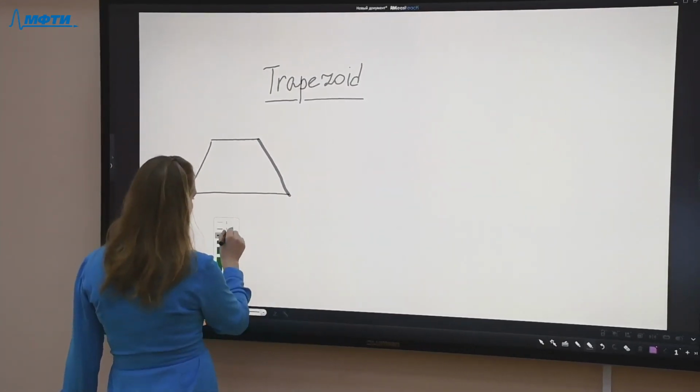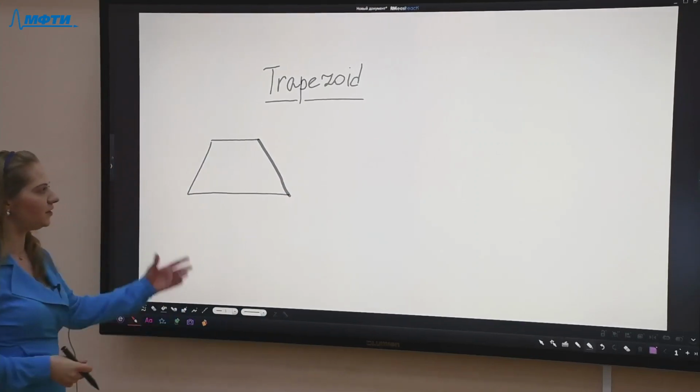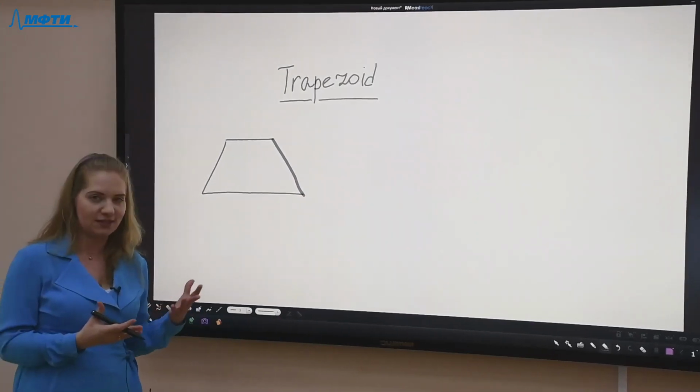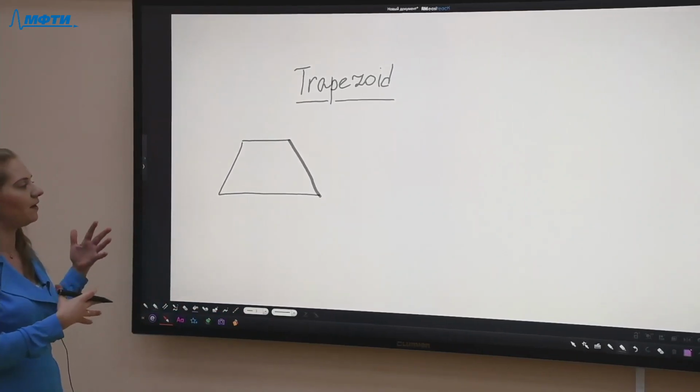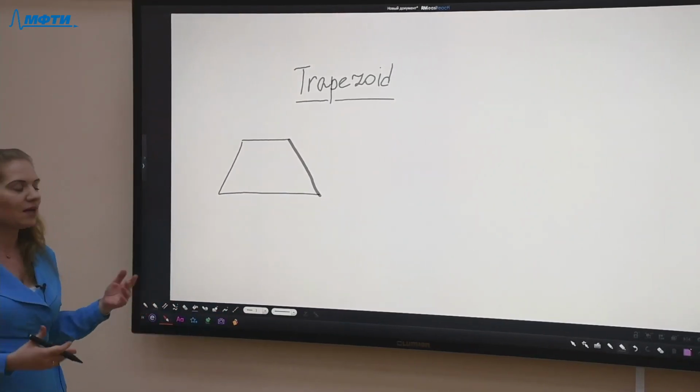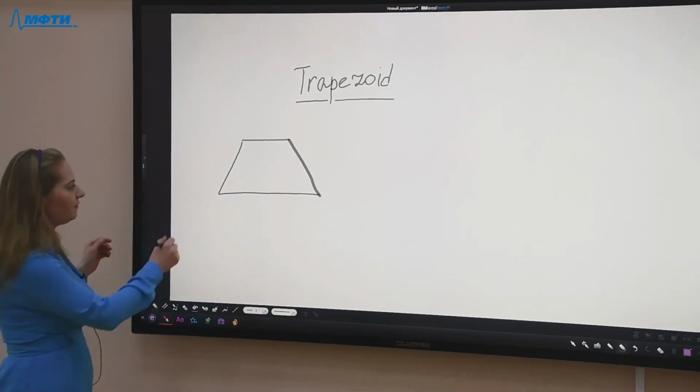Well, also you can meet another definition of a trapezoid when we have two parallel sides and we don't care if the other two sides are parallel or not. But in our course we will use this definition.